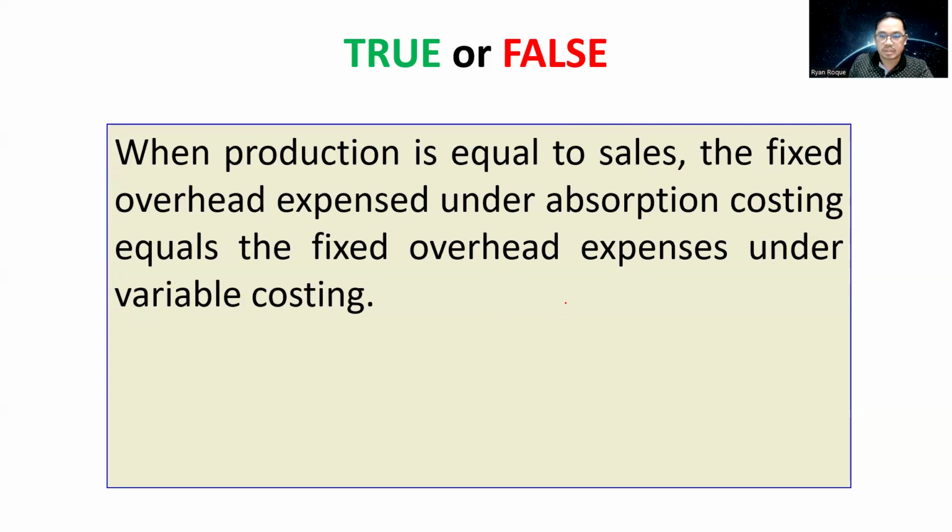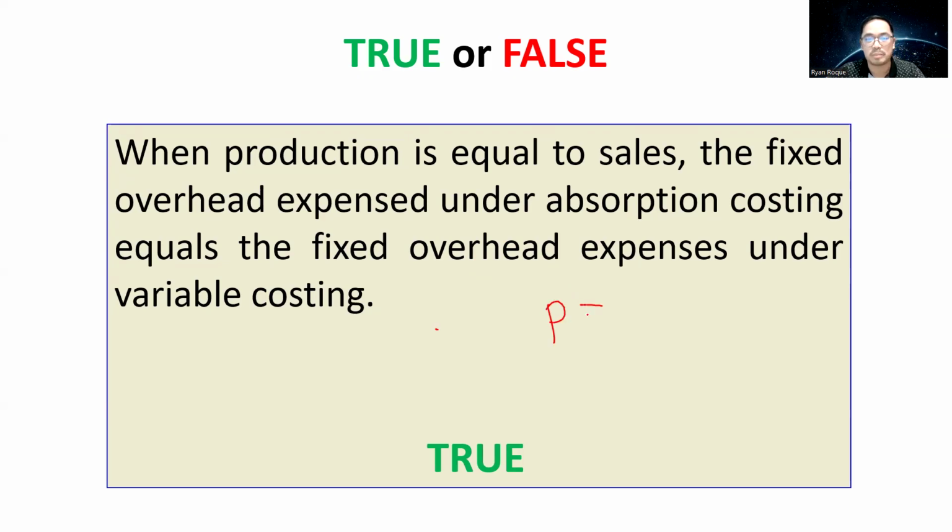When production is equal to sales, the fixed overhead expense under absorption costing equals the fixed overhead expense under variable costing. So what would be your answer? The answer is true. It is as if all the expenses deducted are just the same, meaning the operating income would be the same.